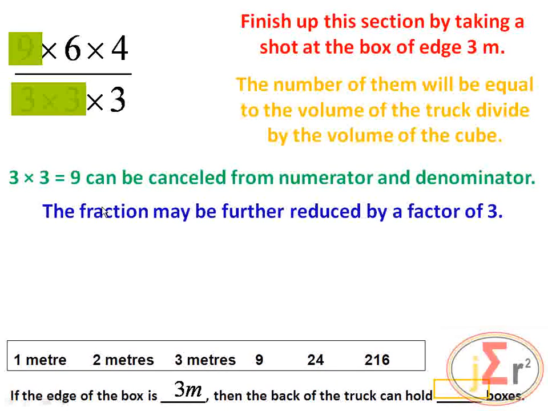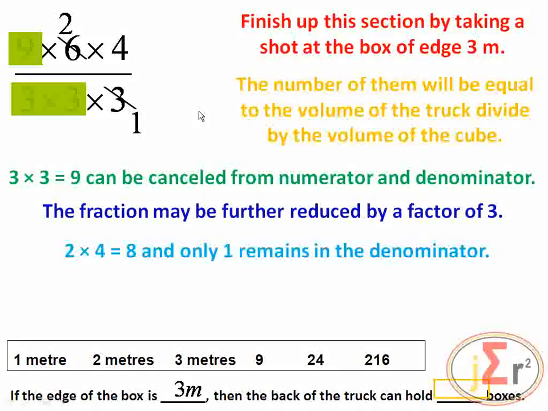The fraction may be further reduced by a factor of 3. So there is still a common factor of 3. 3 may go into 3 and 3 may also go into 6. 3 into 3, 1 time, and 3 into 6, 2 times. 2 times 4 is equal to 8.